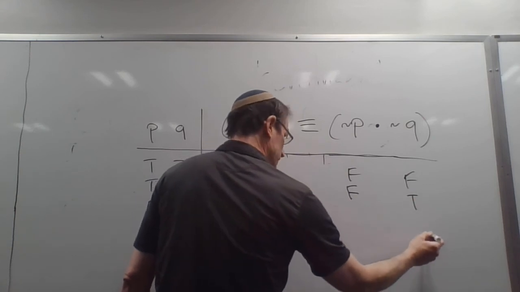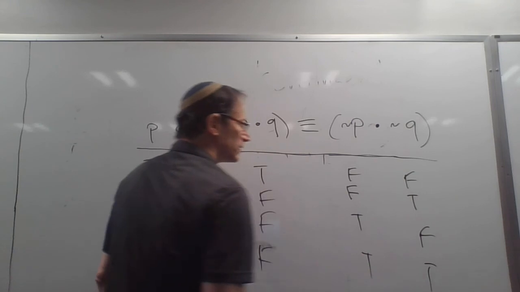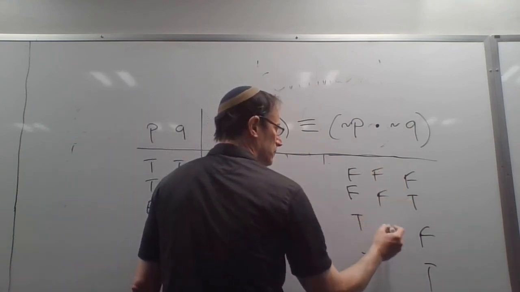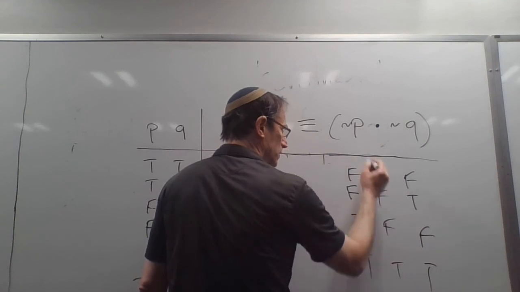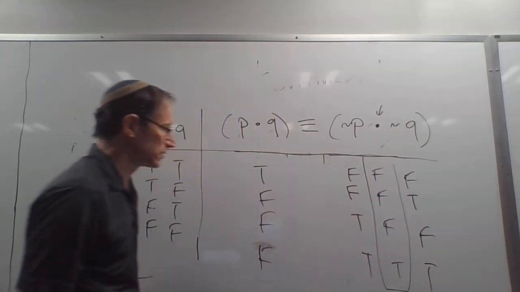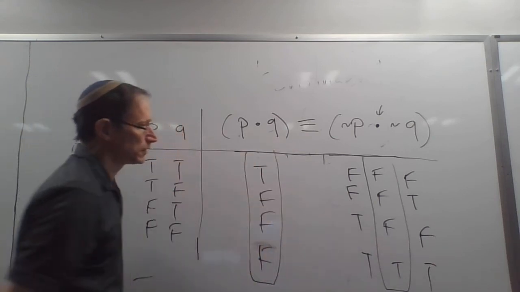This is going to be FT, FT. This is going to be FFTT. The dot is going to be false, false, false, true. Right? This is the value of this conjunction. And this is the value of this conjunction.